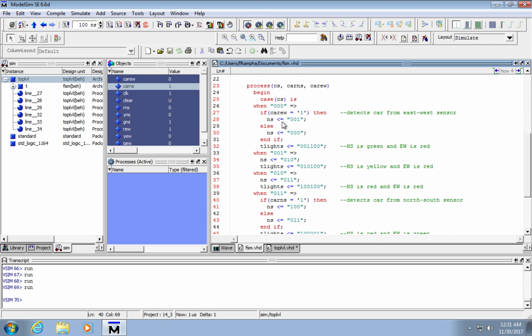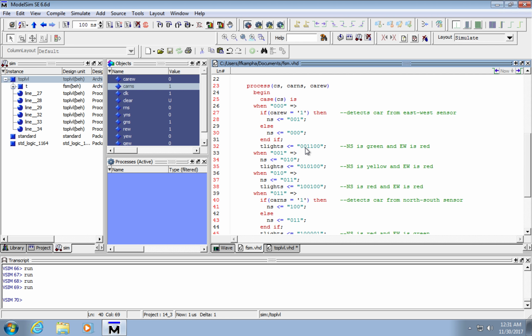So at state 0, I have an if statement that checks to see if car east-west is high or not. Basically, if the sensor detects a car, it will be a 1, and it'll move to state 1, or else the state stays at state 0.